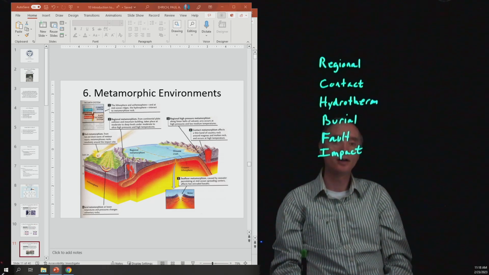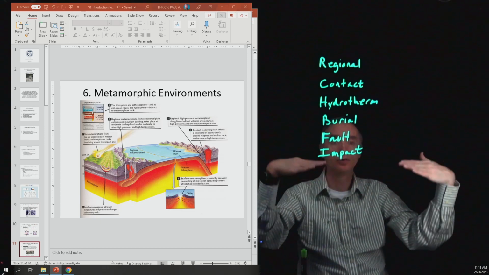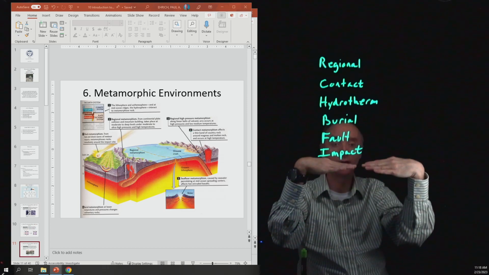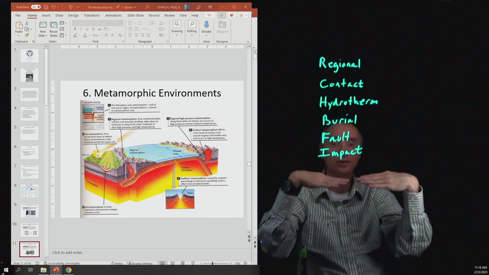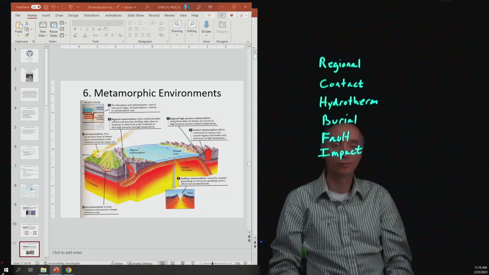You could also find metamorphic rocks at a convergent zone where you've got two continents coming together. So that would be pushed up, and again, that would be an example of regional metamorphism where it would be very hot and you would have lots of pressure.